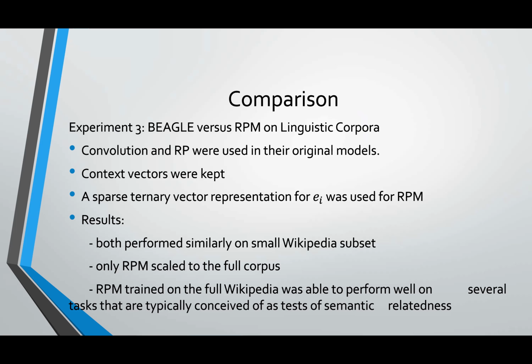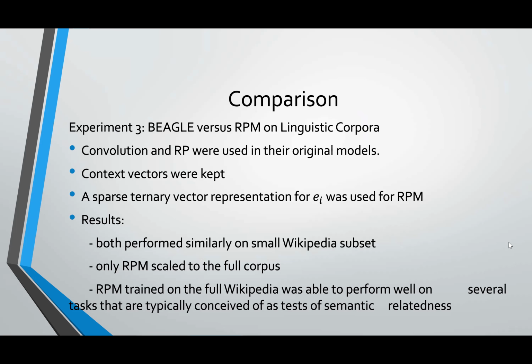The primary goal here was to observe how each model performs in processing and analyzing linguistic data. They particularly focused on how well they handle tasks related to semantic relatedness. Basically, how they understand and represent the meaning and relationships of words within a text corpus.